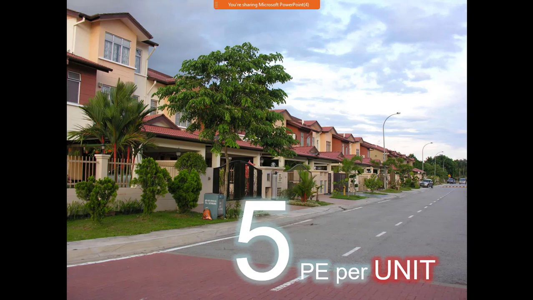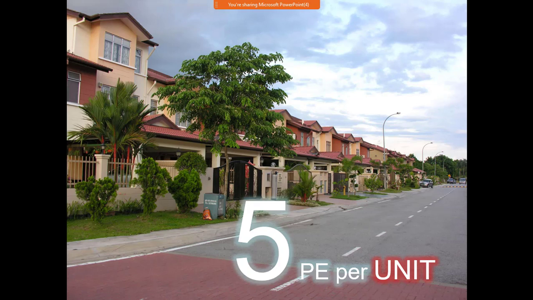So if we have 100 houses, how much PE do we have? It will be 5 times 100, which is 500 PE. Later on we will use this number to design and to estimate the quantity of wastewater generated. That is the purpose why we convert to PE.